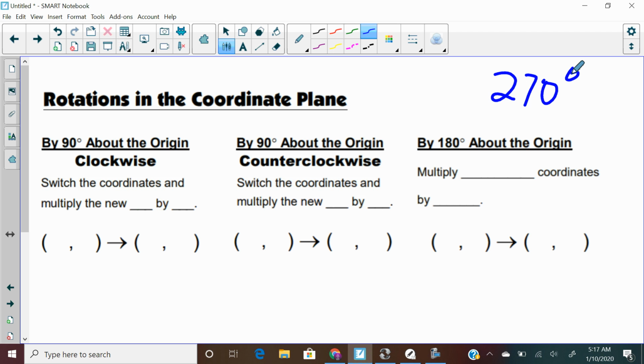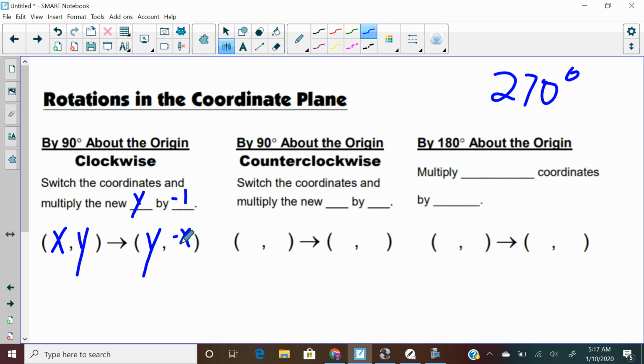If we're going to do 90 degrees about the origin clockwise, the new y is multiplied by -1. So (x, y) flips and becomes (y, -x). The first thing that happens is your ordered pairs flip around, and the new y becomes its opposite.